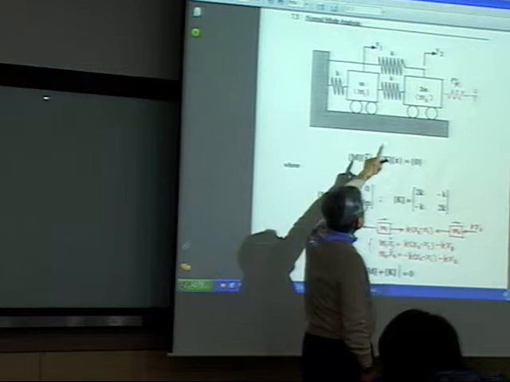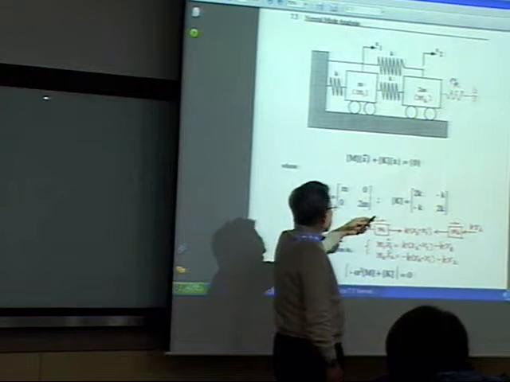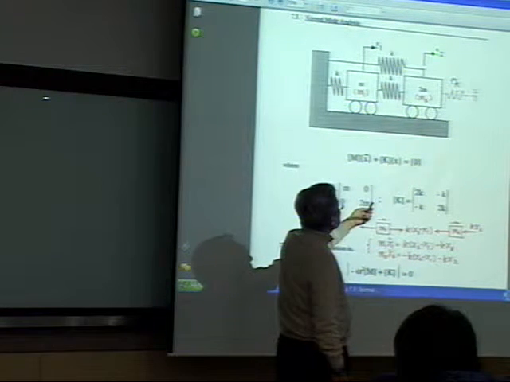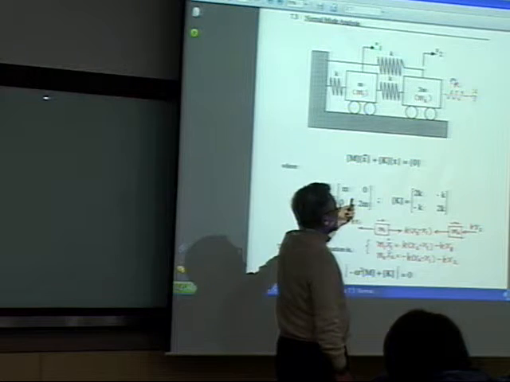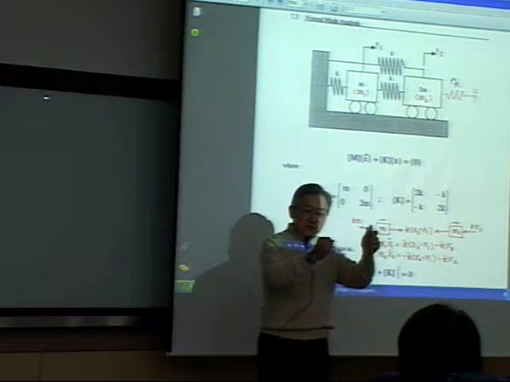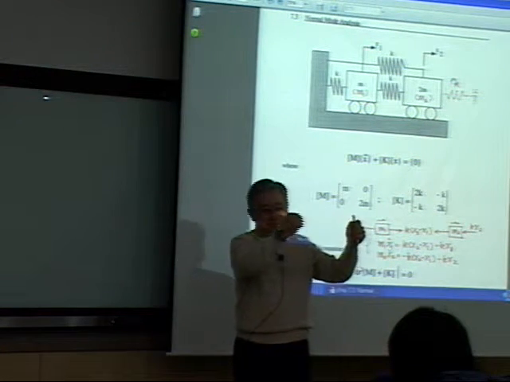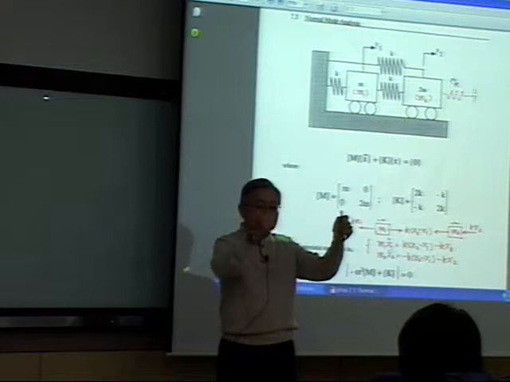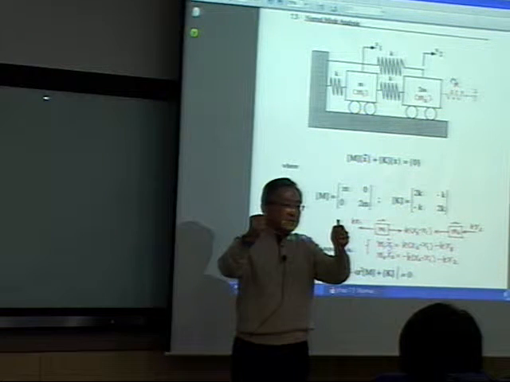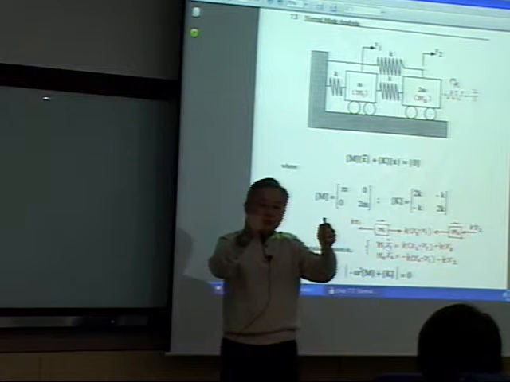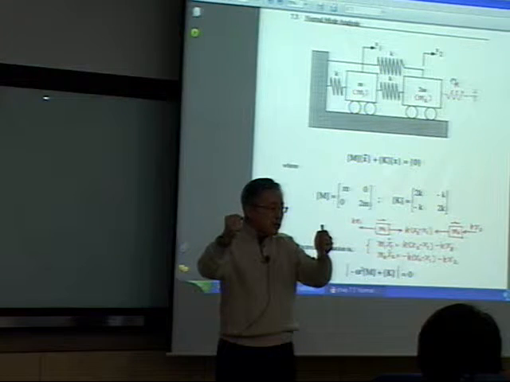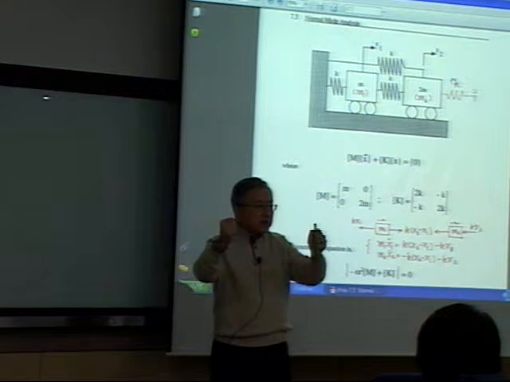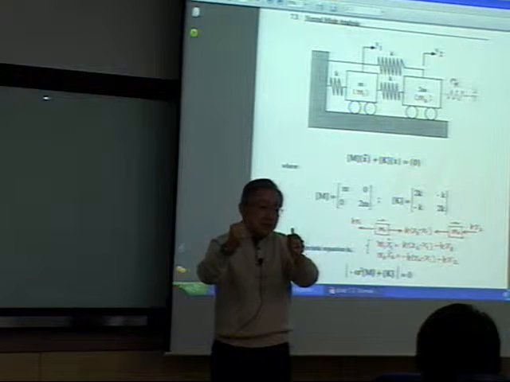And now for the middle spring over here, I'm going to apply x2 and x1. So you can do either way. I'm going to just pull x2 to the right, x1 to the right, positive x direction. Then let's assume x2 is higher than x1.